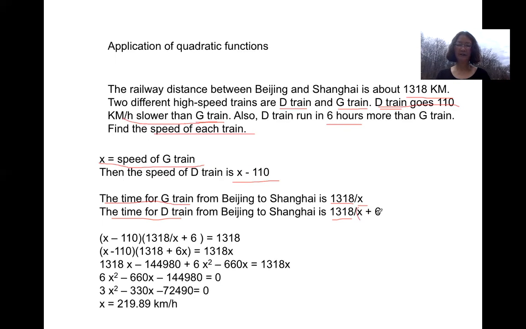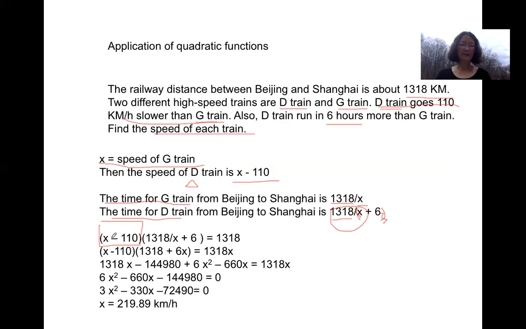So here, 6 hours more. Let's consider the D train. The speed of the D train is x minus 110. There is no bracket here, it is just this number, distance divided by speed, equal to the time plus 6 hours more.